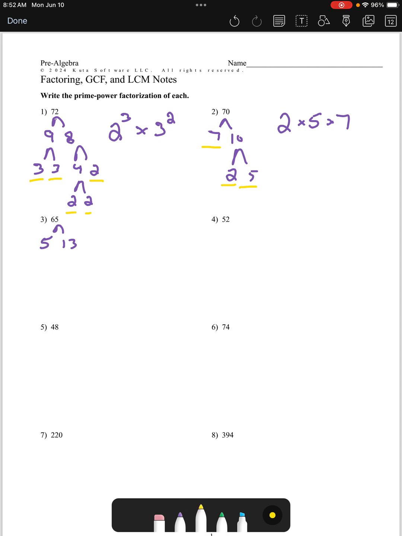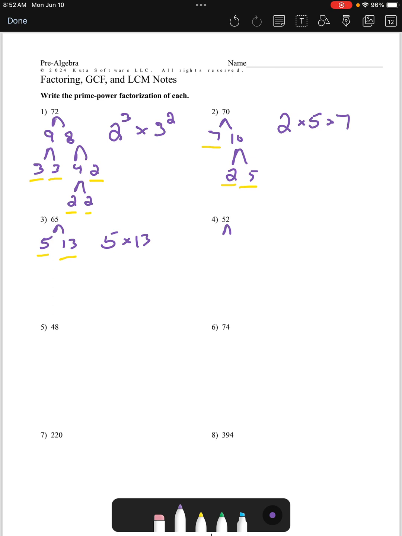Number 3, we have 65. That's going to be 5 and 13. Both of which are prime. So the prime power factorization of 65 is just 5 times 13. Sometimes it will just be a multiplication statement. Nothing crazy.